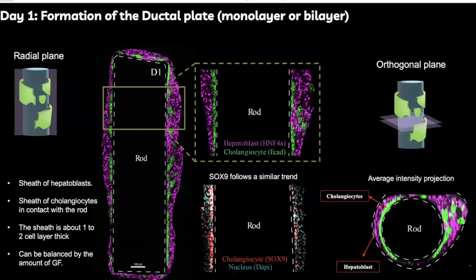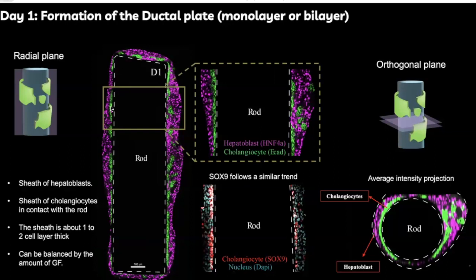So what we did then, we decided to look at whether these processes by which the cells differentiate mimic what happens in vivo. And the first thing was to fix the cells at day 1 after seeding. And this is what you get with fluorescence imaging: you get these rods here in the center. And then in green, you have this monolayer of cholangiocyte cells. Here it's a label for cytokeratin 7, but we checked for other markers.